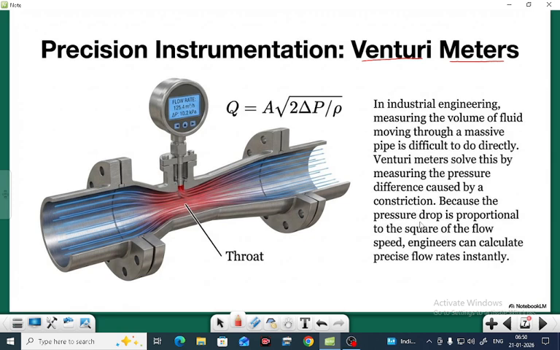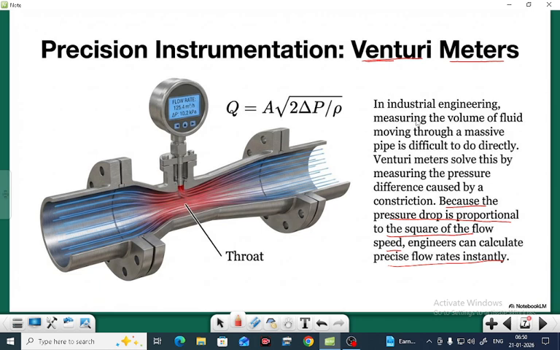Because the pressure drop is proportional to the square of the flow speed, engineers can calculate precise flow rates instantly. Q is equal to A root over 2 del P by rho, where rho is the density of the liquid. So, precision instrumentation, this is Venturi meters.